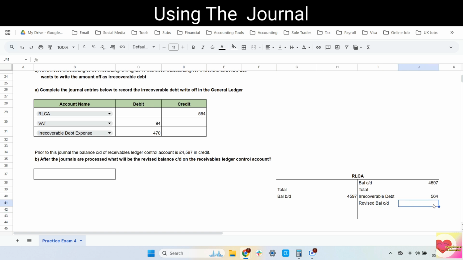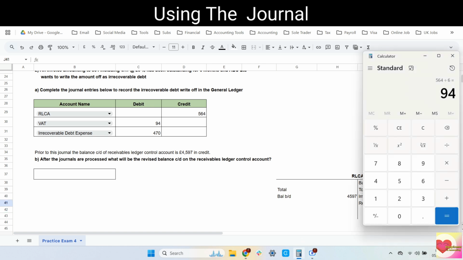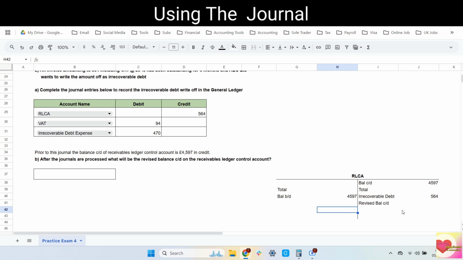Then let's calculate the difference. And we got 4,033, and this is our revised balance carried down. Don't forget to always double check that the debit is equal to credit.